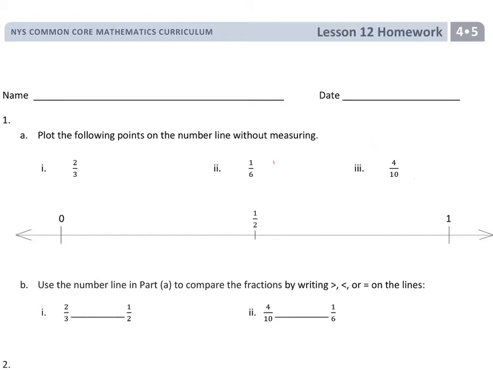Now figuring out where they go can be done a lot of different ways. I told a lot of my students to start by looking at these numbers here on the bottom, these denominators. And usually it's easier to start with the smallest one. And you can see that the 3 here is the smallest denominator, thirds.